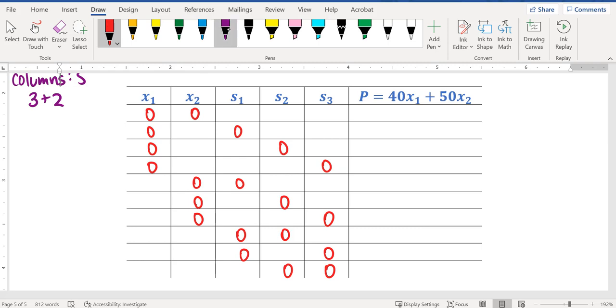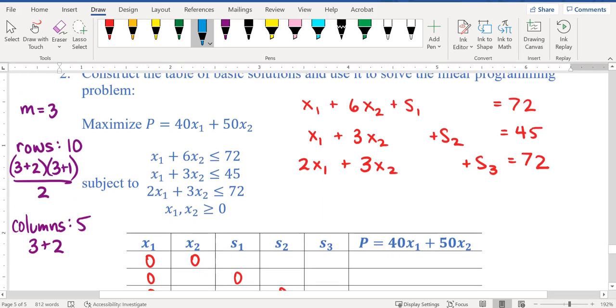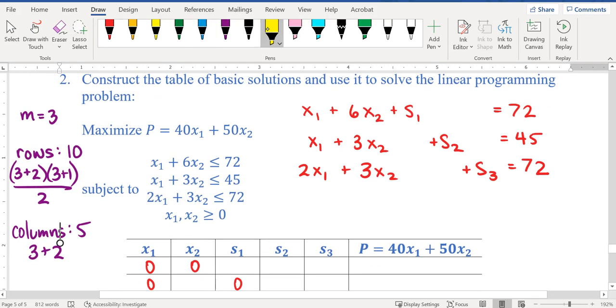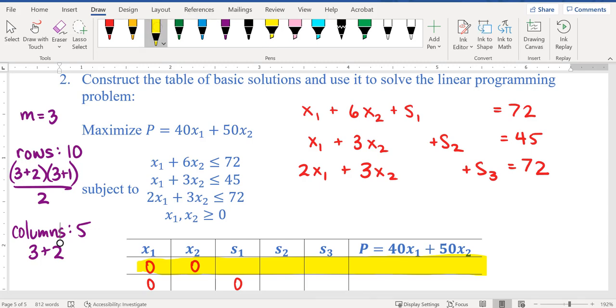For the first system, I am just looking at this row. It says to make X1 and X2 0. So I no longer have X1s or X2s.